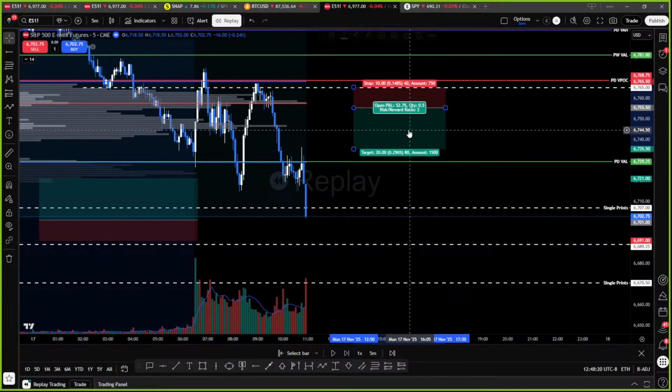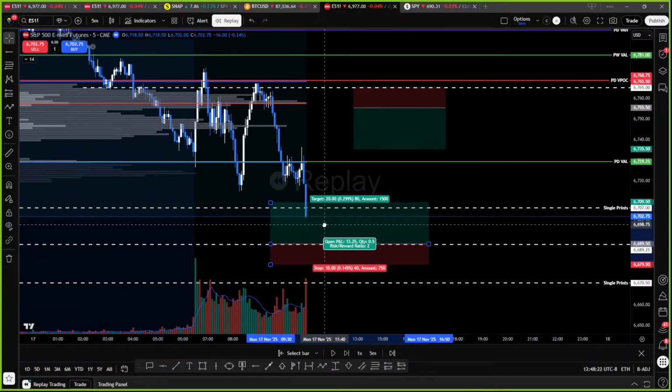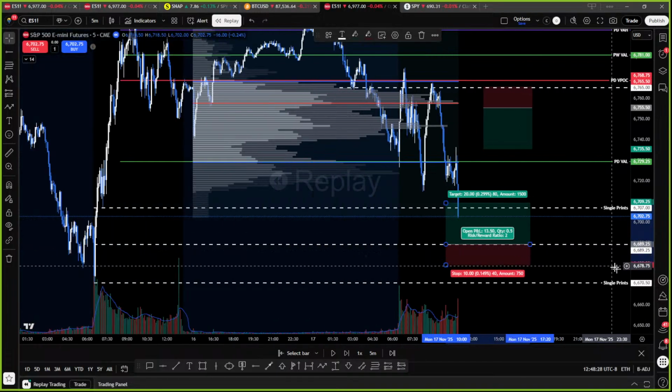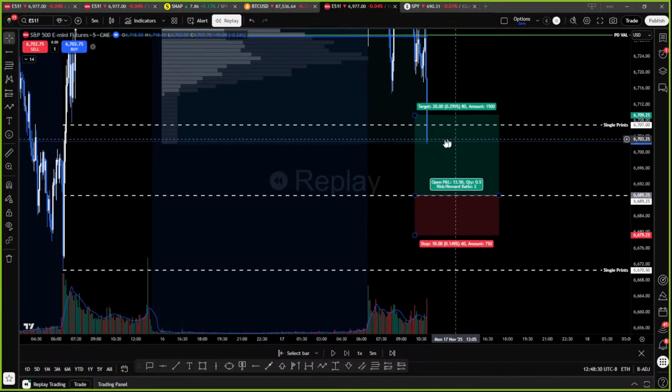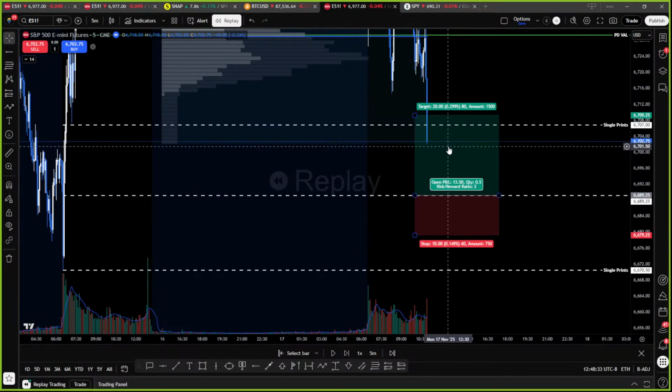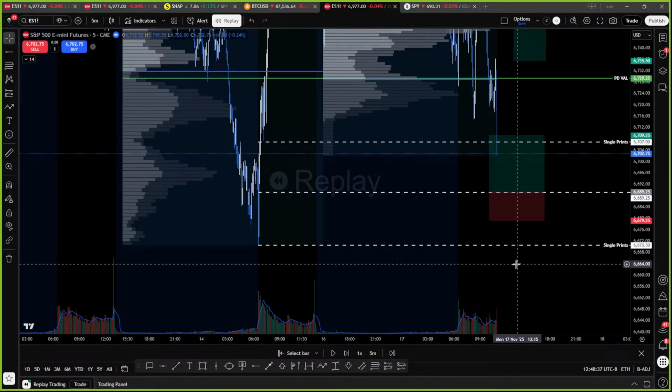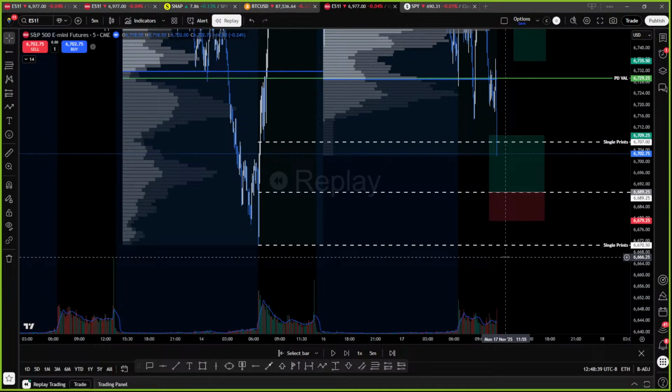Next, if we come to single point print mid, I would want to get in. Frankly, I wouldn't even consider doing the 10 stop, 20-point take profit here, because really you want your stop loss to be below the single prints.